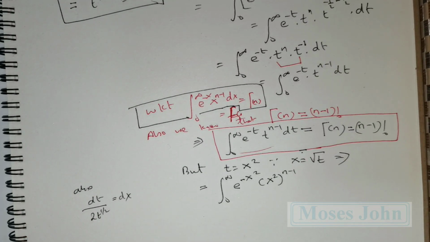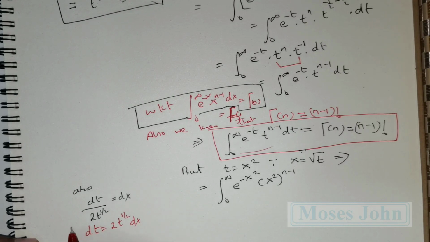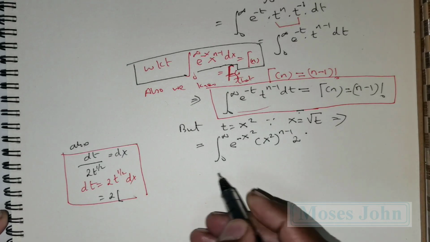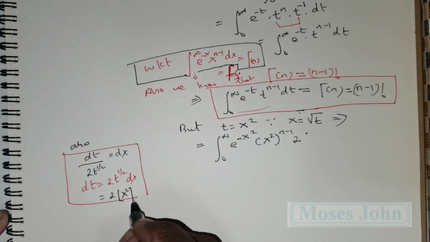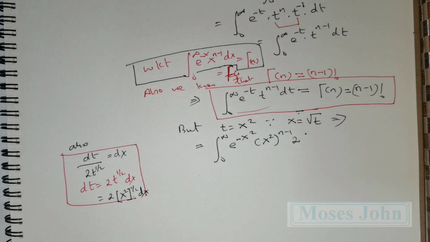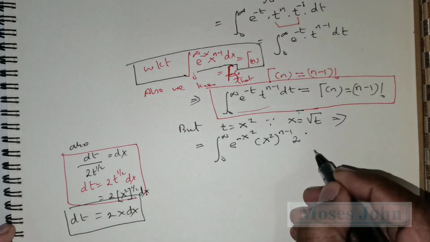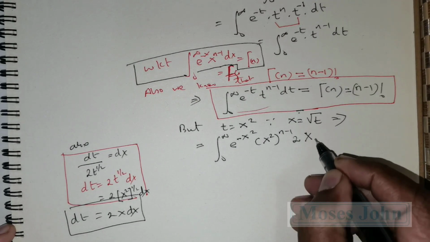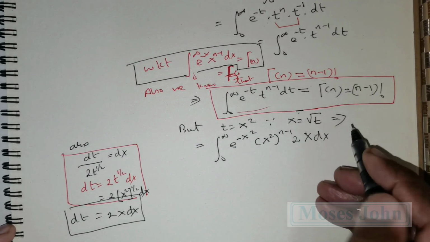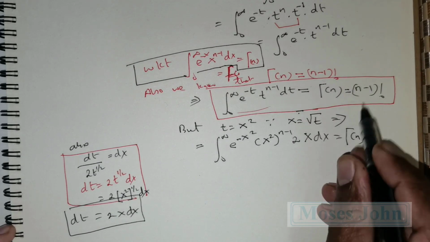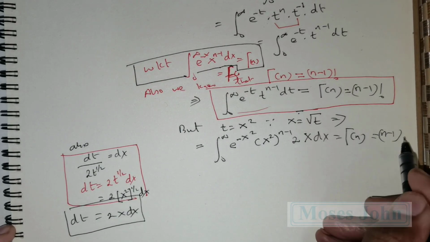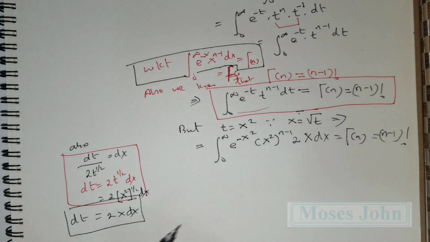So this means dt will be equal to 2 times t raised to the power half times dx. t is actually x squared, raised to the power half, times dx, which is going to be 2 times x dx. This is my dt. On the right side, this is equal to gamma of n, which can also be equal to n minus 1 factorial. So this can be simplified.